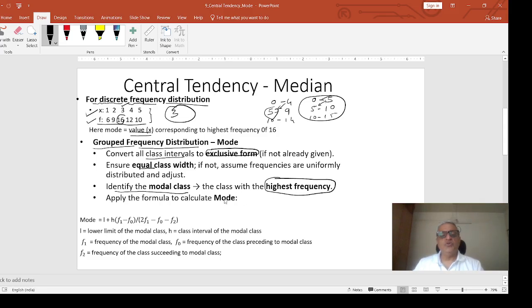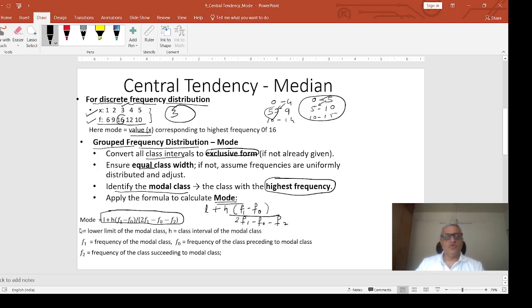Once you get the modal class, you have to calculate the mode, and to calculate the mode, you apply this formula: L plus H into (F1 minus F0) divided by (2 F1 minus F0 minus F2).